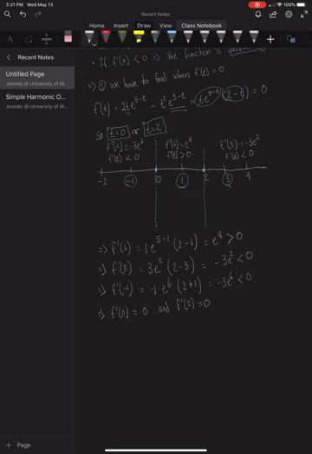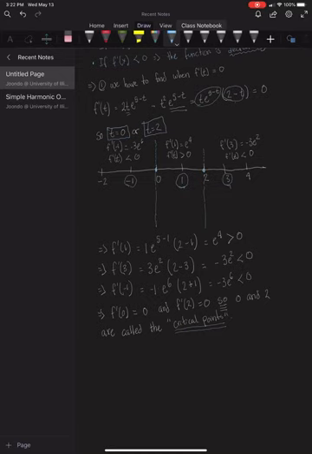So 0 and 2 are called the critical points of the function, and you'll see this in a later video. Okay, this is important.